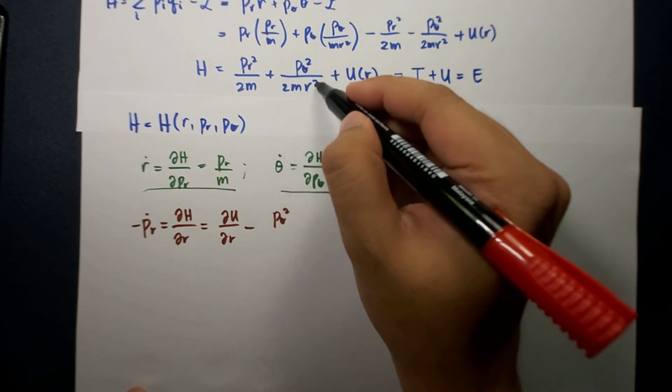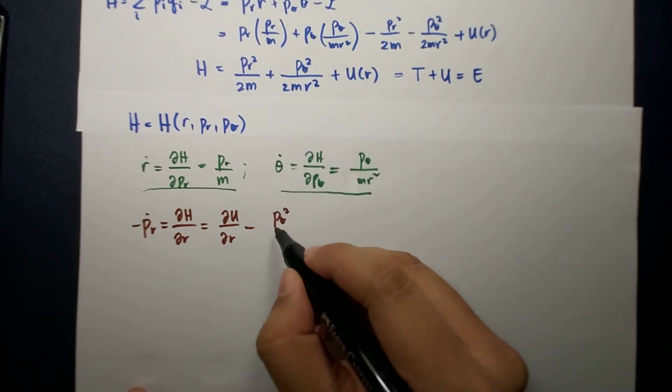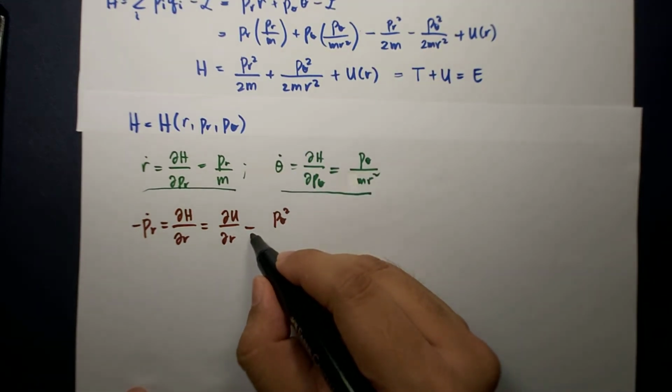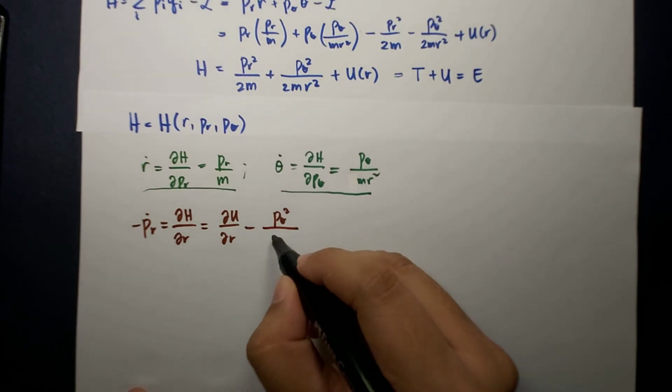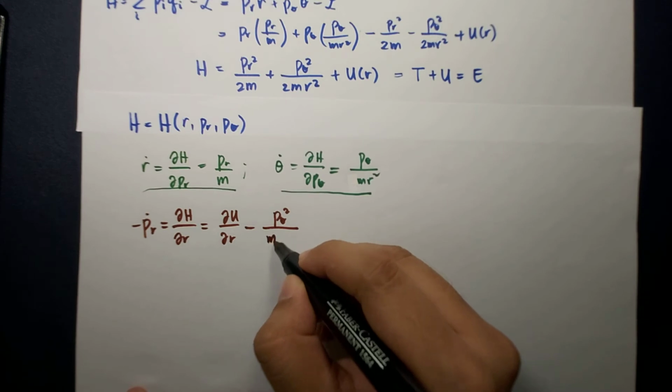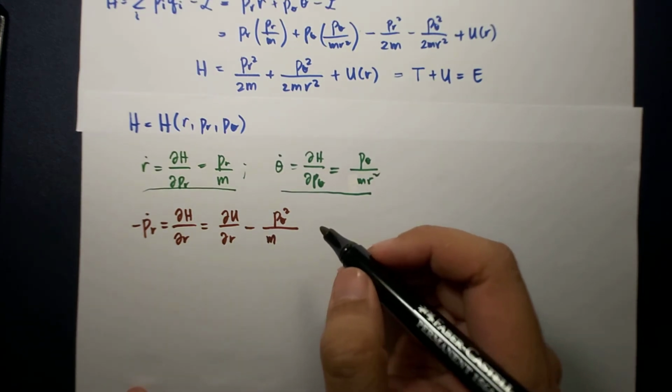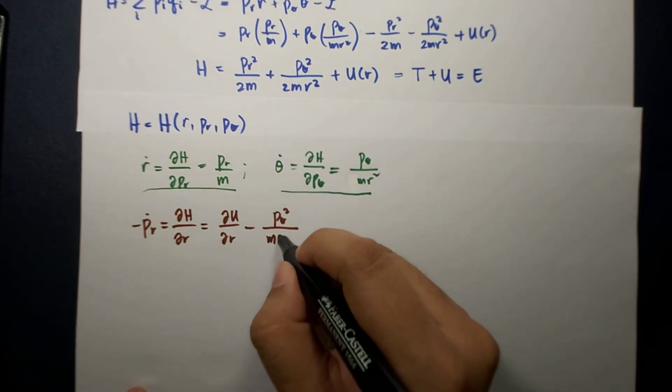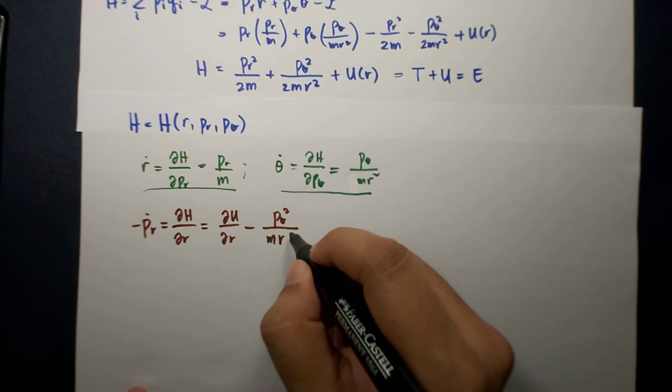So differentiate this with respect to r. So this is negative, of course, negative P theta squared over m. It's supposed to be r what? Cube. Very good.